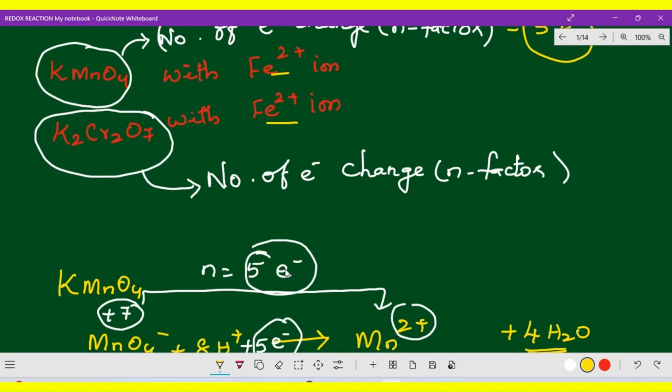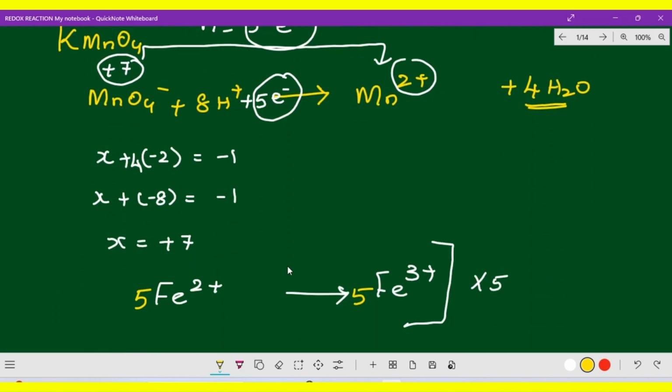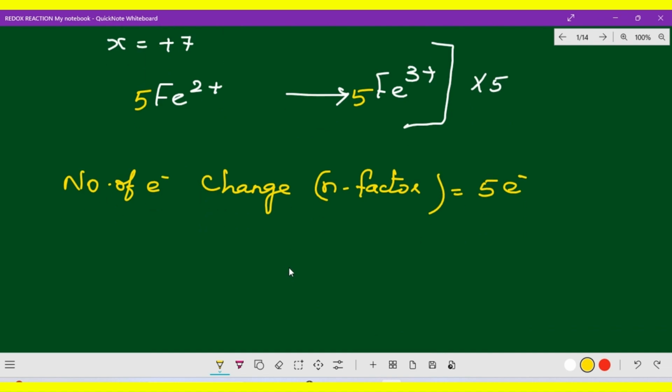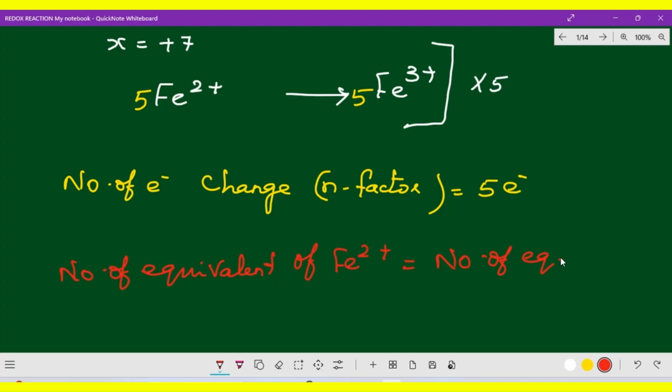Now the second one, here we just keep it as it is. Now we mention it very clearly because for the calculation we need this data. So the number of equivalents of Fe2 plus equals the number of equivalents of MnO4 minus.